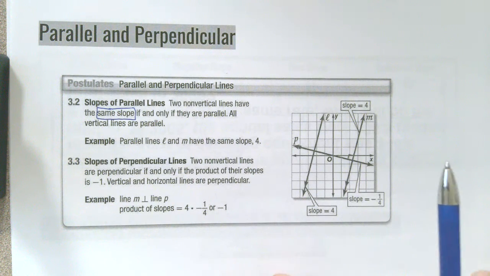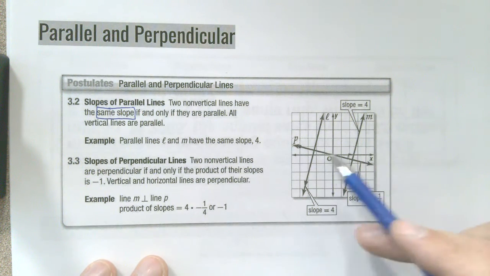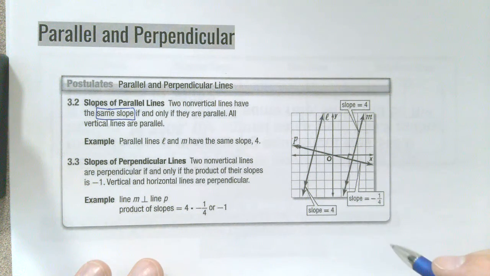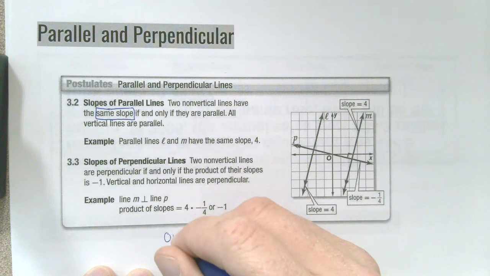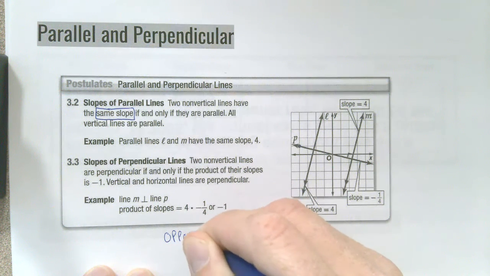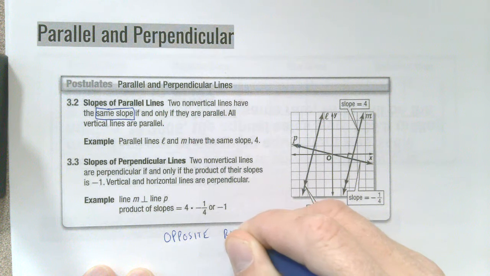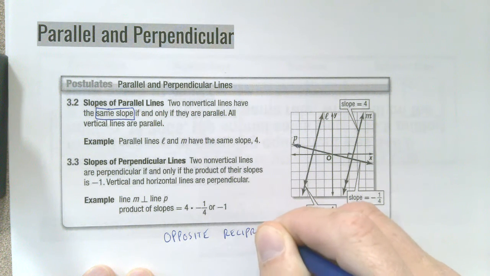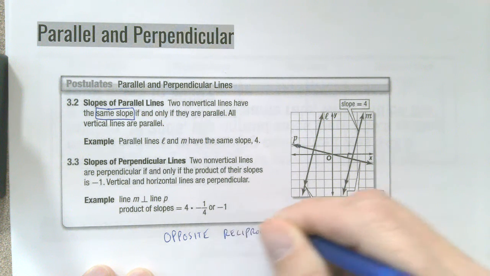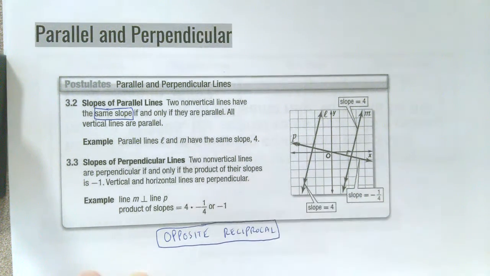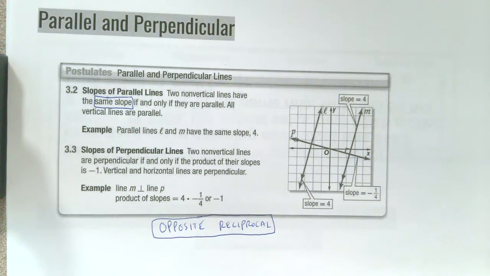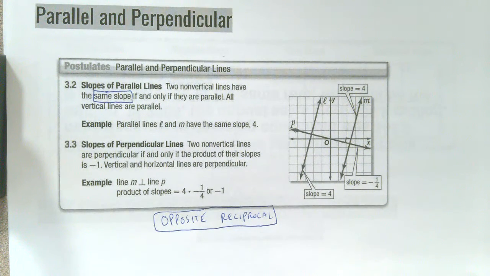Now for perpendicular lines, the lines that form right angles, which we learned in chapter 1, these slopes are going to have opposite reciprocal slope. So well, what's opposite reciprocal slope mean? That means that we're going to take the slope and we're going to flip the fraction, and then we're going to take the opposite sign.